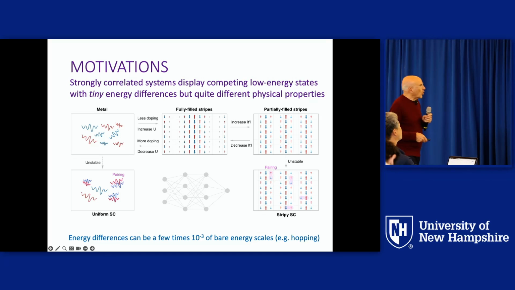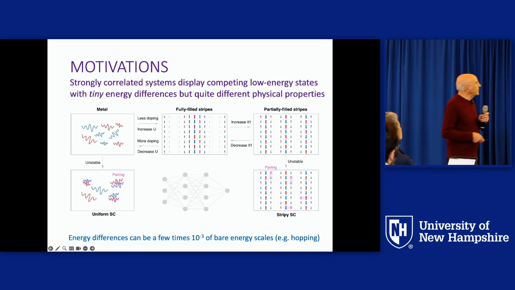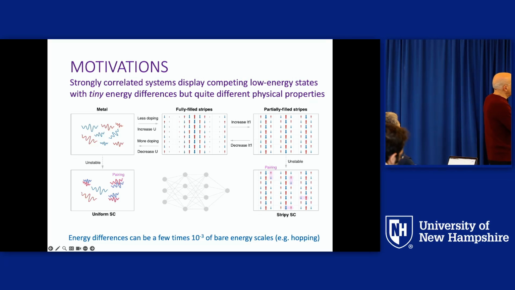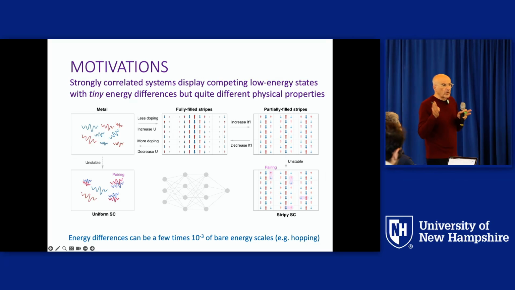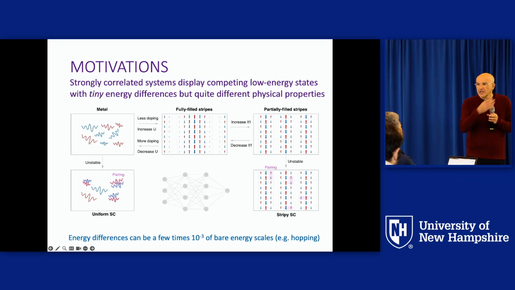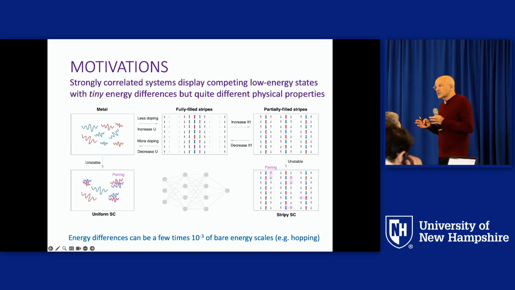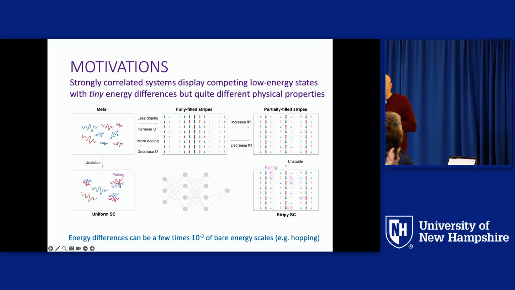And the holes like to accumulate at the nodes of this spin density wave, so that the charge wavelength is half the spin wavelength in this canonical stripe ground state.